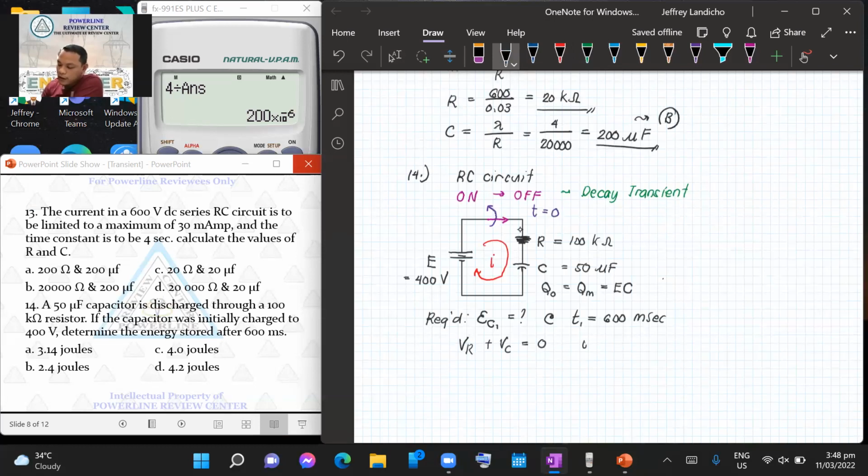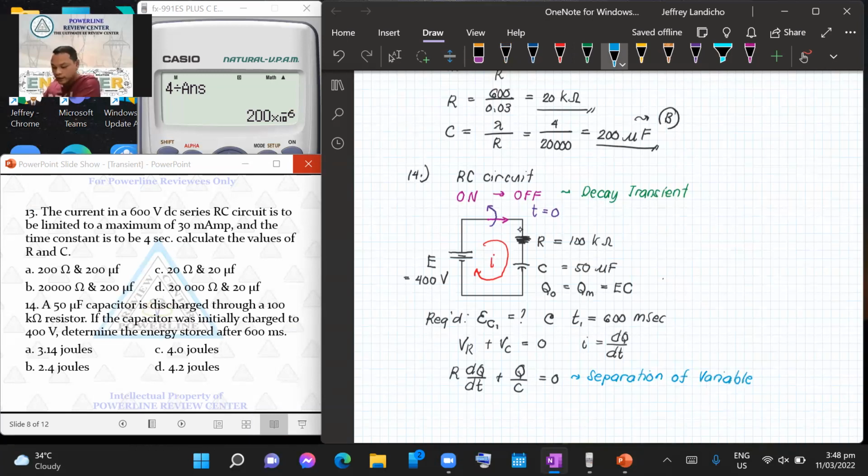Ngayon, alam ulit natin yung ating current is what? dQ over dt. So para hindi na lang ulit mabasa yung ating integration, pwede natin sabihin voltage drop across R, again, that is R dQ over dt. At alam na natin, V sub C is Q over C equal to 0. So at this case, kung gusto mo siyang isolve, gagamit lang ulit tayo ng DE na separation of variables.